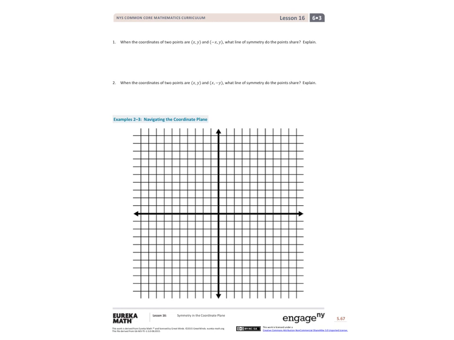So let me just throw in, let's say it's 2, 3 and negative 2, 3. So I have over 2 up 3, and then negative 2 up 3. What line of symmetry do the points share?